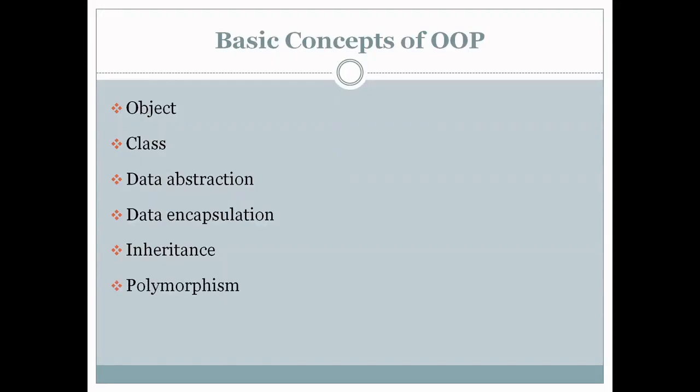So these are some important concepts or principles of object-oriented programming. All the object-oriented programming languages should follow these principles. So we will discuss these concepts one by one in detail.